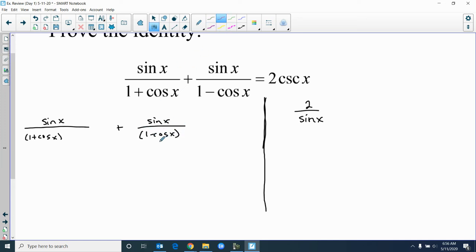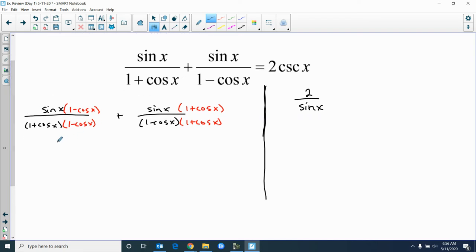Well, for this to work, this one needs a 1 minus cosine of x. That means the top needs a 1 minus cosine of x. And this one needs a 1 plus cosine of x. So that needs a 1 plus cosine of x. And sometimes we distribute, sometimes we wait.